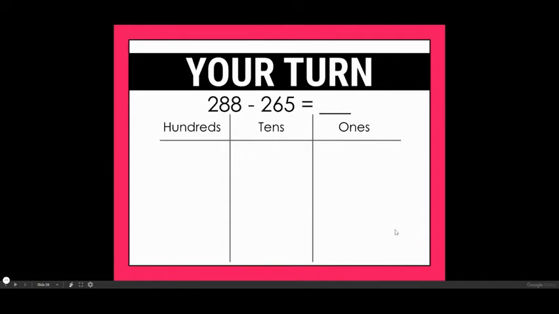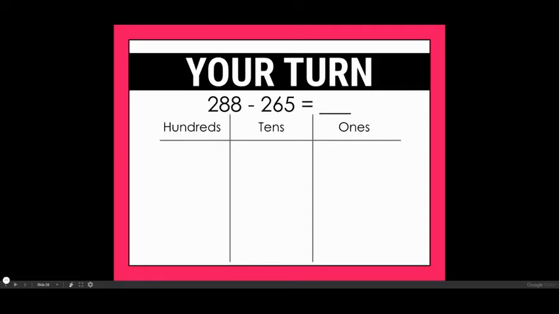All right, grab your paper. This one you're doing with me, so draw your hundreds, tens, and ones chart. Now that you have your hundreds, tens, and ones chart, let's start by building our minuend.